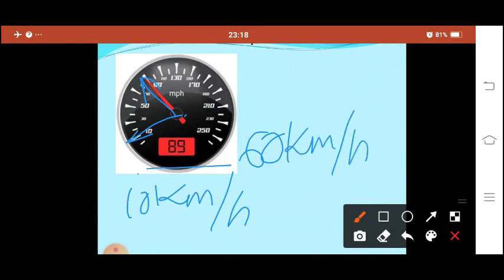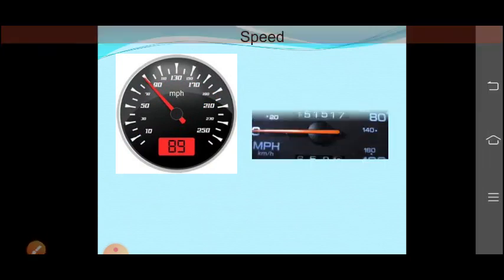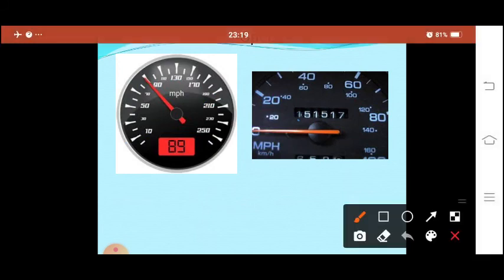In the speedometer, the place where this arrow mark points indicates the speed at which the vehicle is moving. With the help of the speedometer we can understand how much speed the vehicle is moving. But how many kilometers it travels we can understand with another instrument.